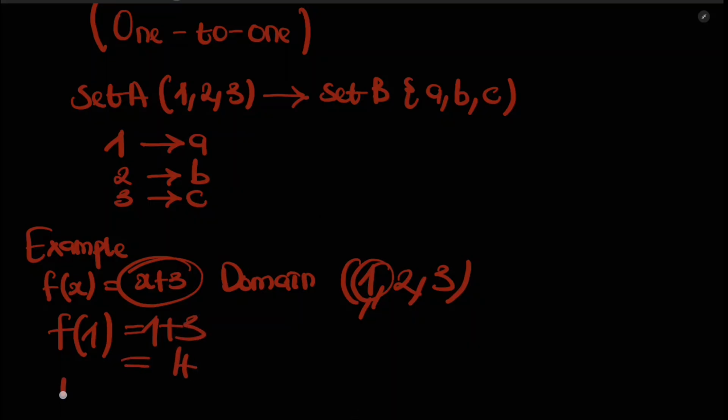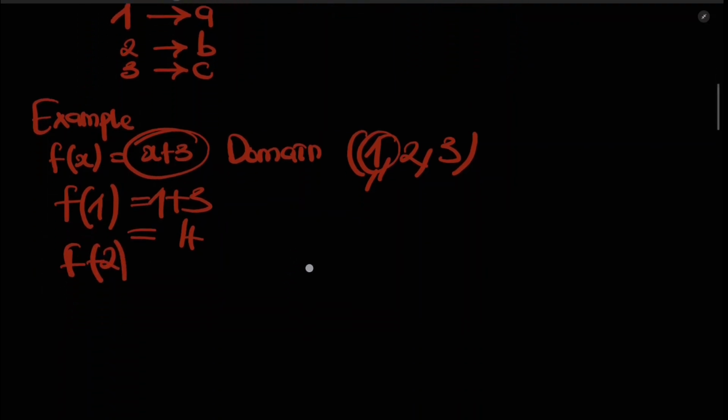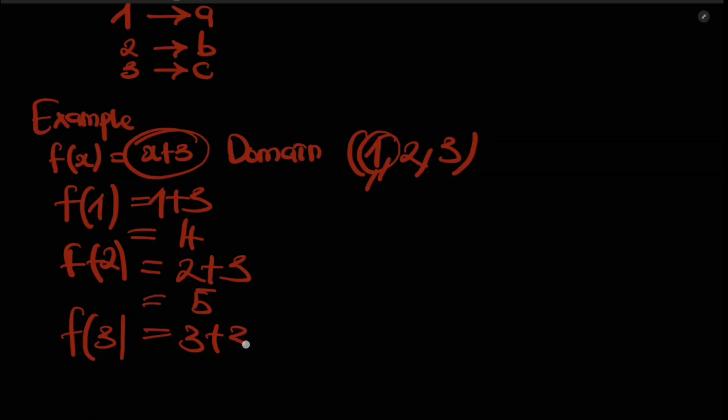We take the next value, f of 2, we substitute it into the equation, 2 plus 3, we have 5. We take the next value, 3, 3 plus 3, and we have 6.